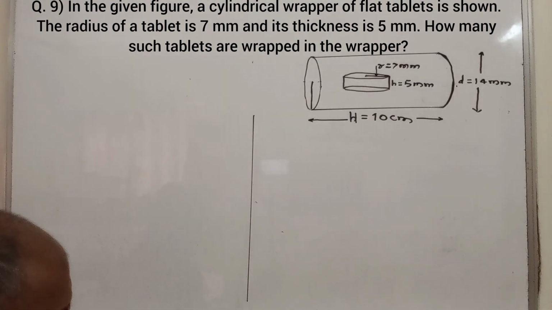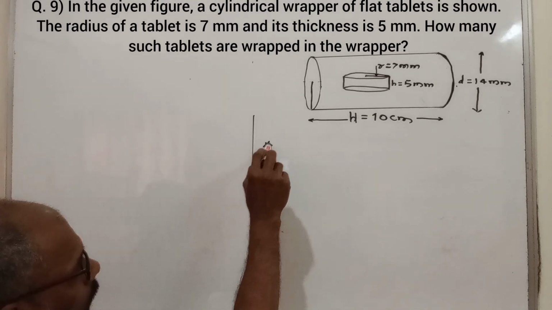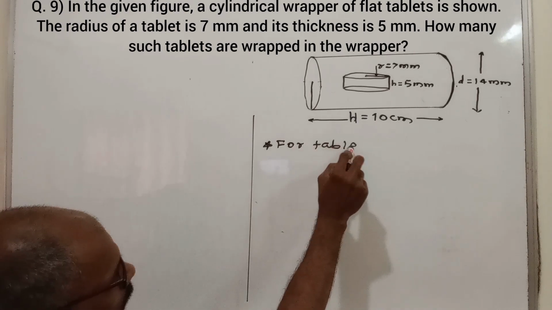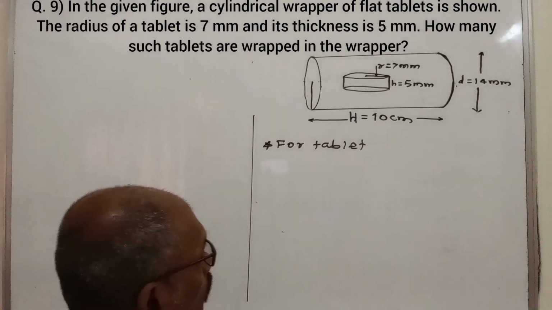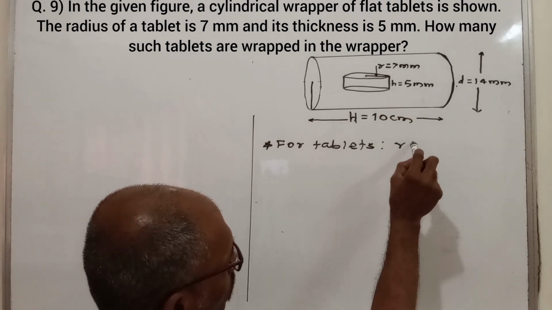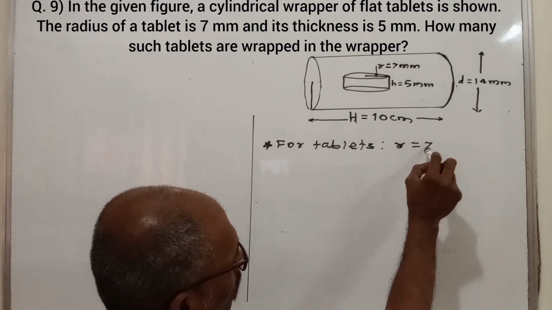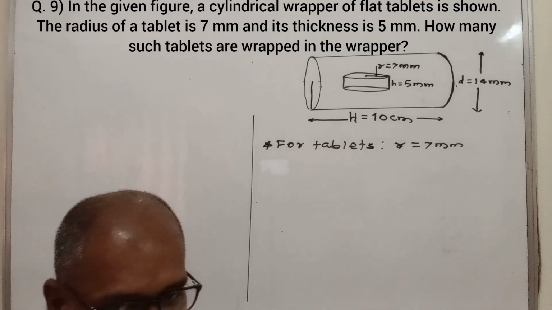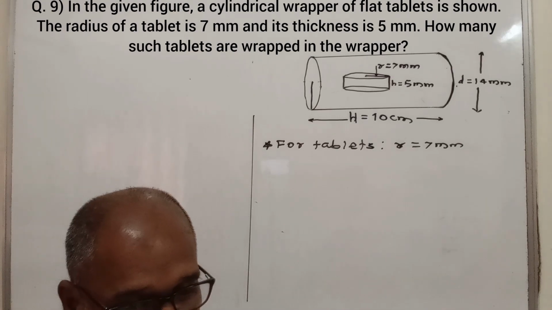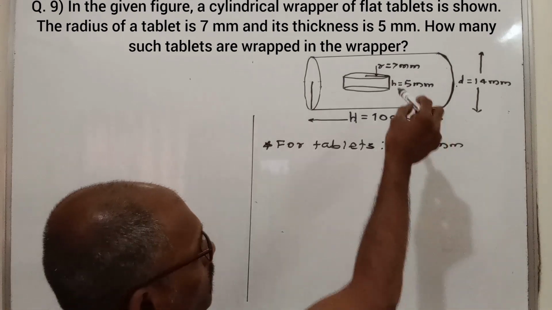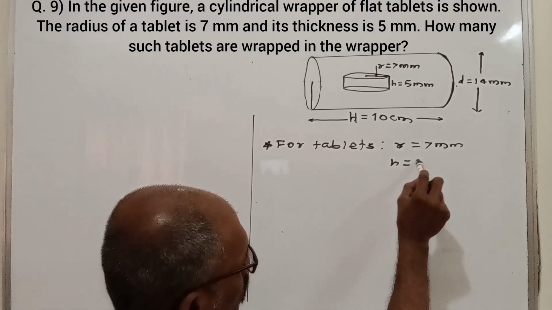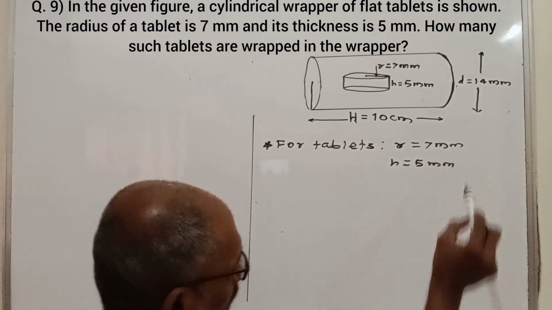The radius of a tablet, see here, for tablets, radius r is 7 mm and its thickness, meaning height, h is equal to 5 mm.